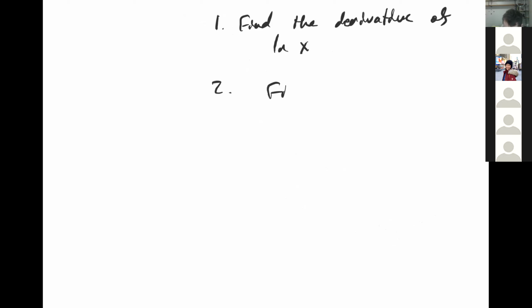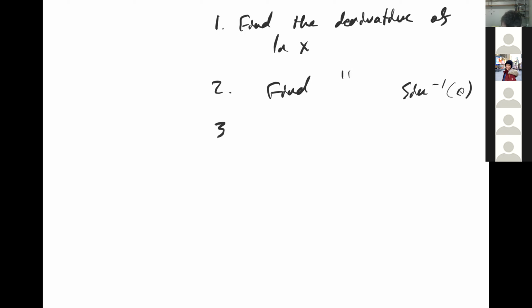So using this method, I want you to try the following problems in your breakout rooms, okay? So first, find the derivative of ln x. Second, find the derivative, so same thing, of sine inverse x.